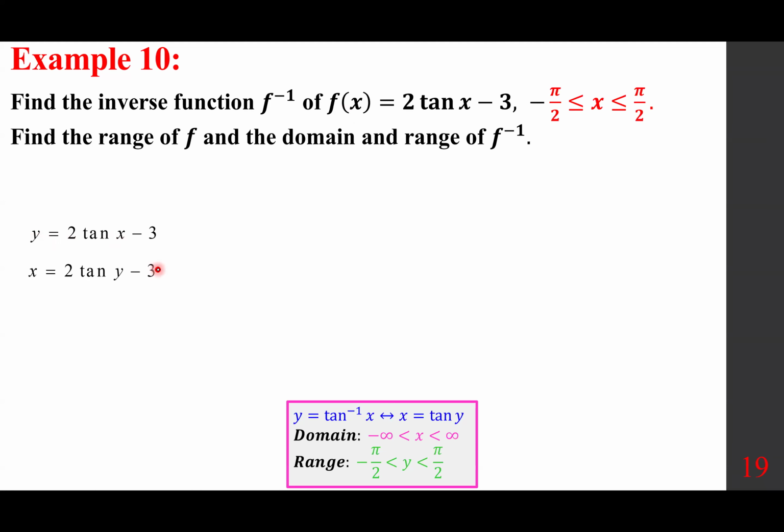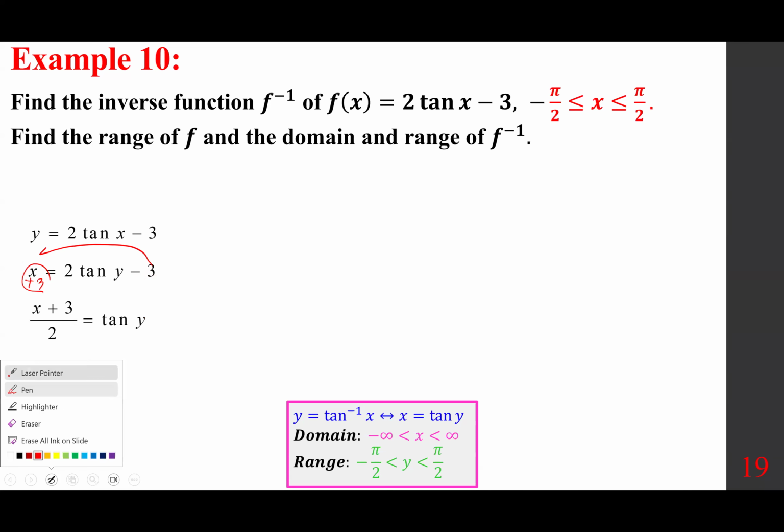However, we should solve for y, which means we have to move the -3 to the other side. Make it x plus 3 and divide it by 2. So tan y is x plus 3 divided by 2.